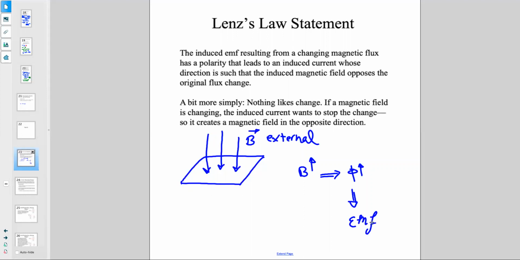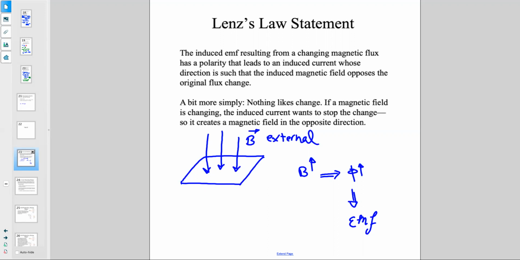But this EMF is like a source of current, so what is the direction of this current? The direction of the current is the direction that will cause the opposite of the change. So this B is increasing. I should have the current in the direction to oppose this change, to create a magnetic field in the opposite direction of the original magnetic field.